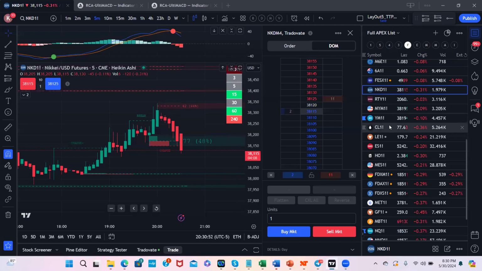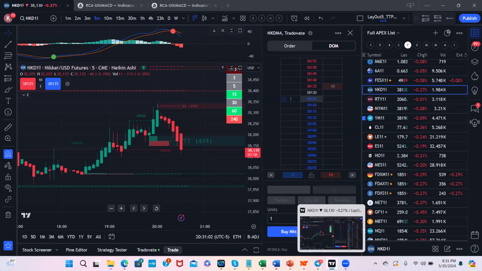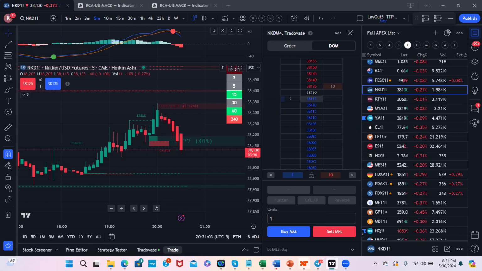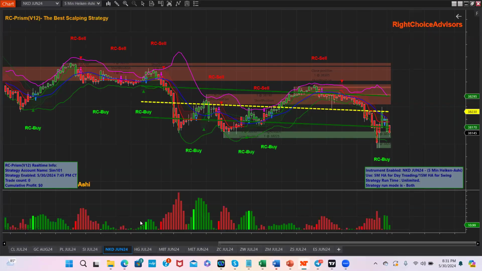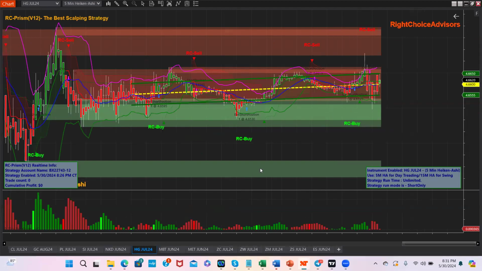Just keep it on a sim account itself. If you don't see a clear trend, better you keep them on the sim. Otherwise, that may result in losses. Now, going back, okay, NKD, we are not touching it, just keeping it in the sim itself. Then we are looking at copper.